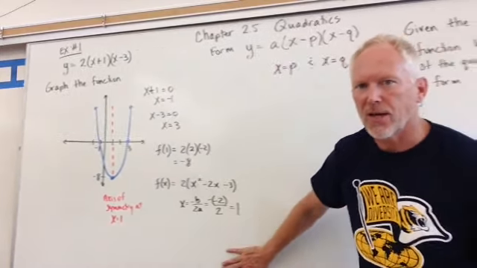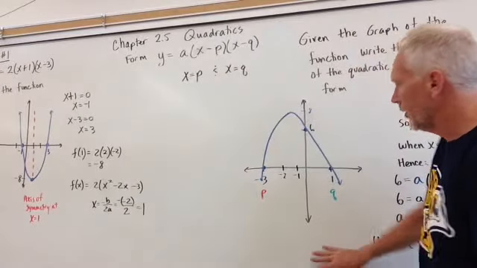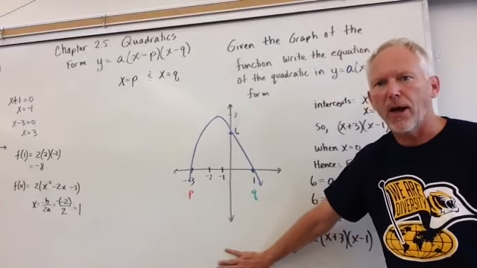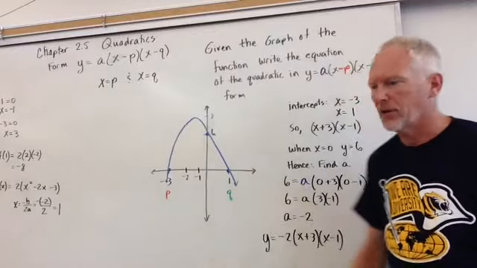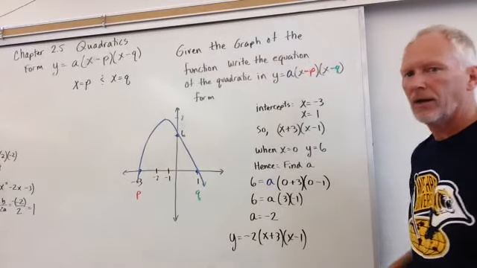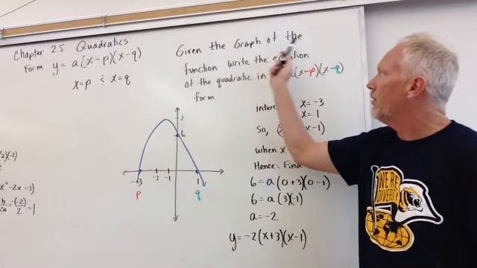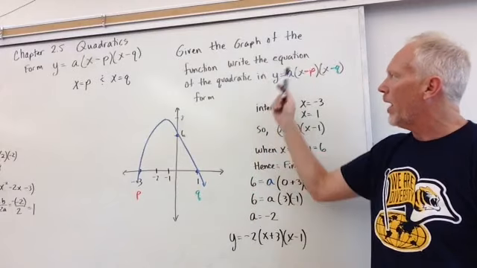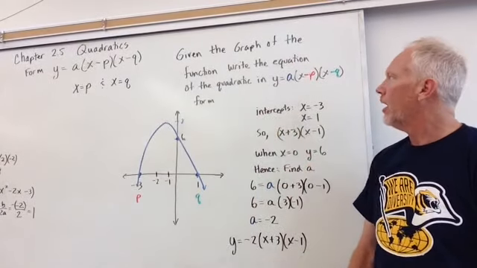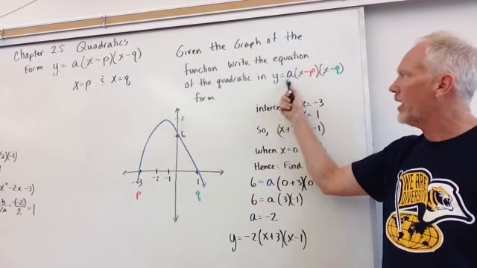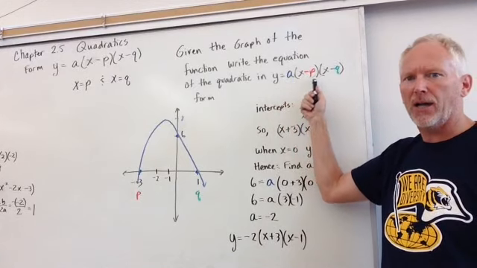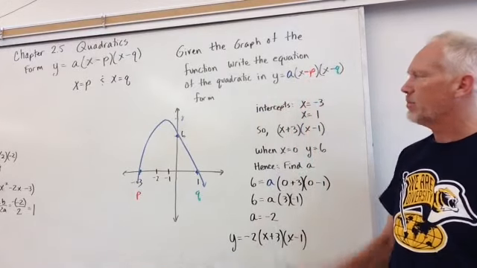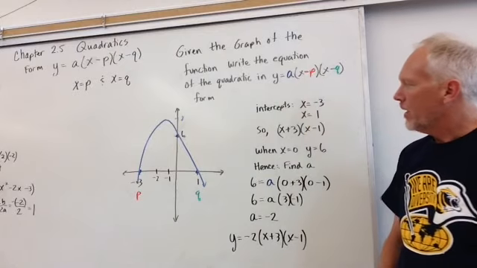All right, next example is a little bit more theoretical, not as many numbers. Here's the question: given the graph of the function, write the equation of the quadratic in y equals a times (x minus p) times (x minus q).